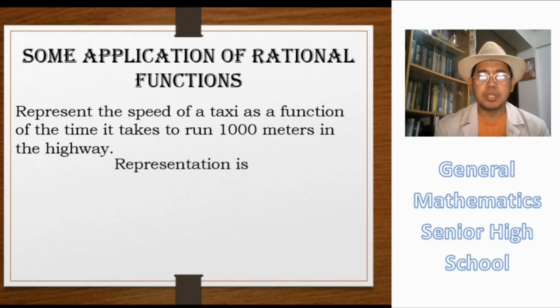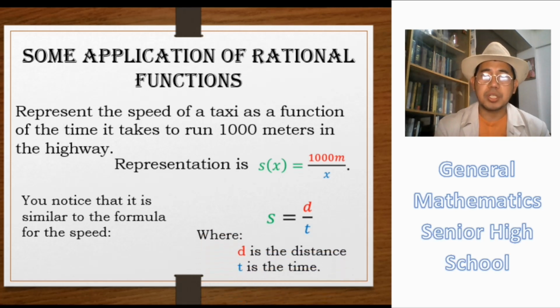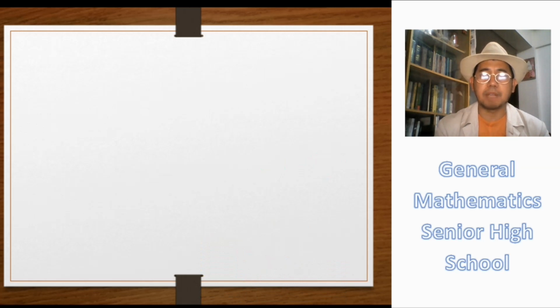Now you will notice the representation is 1,000 meters over x. You'll notice that it is similar to the formula for the speed, wherein speed or s is equal to d over t, where d is the distance, t is the time.